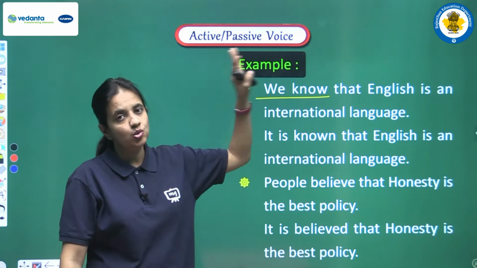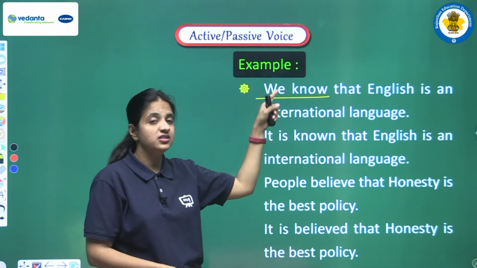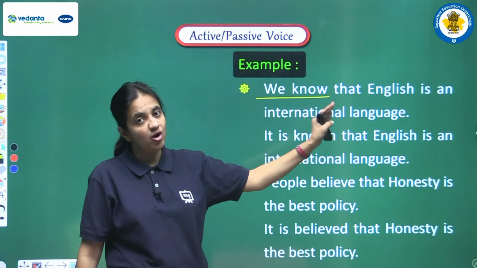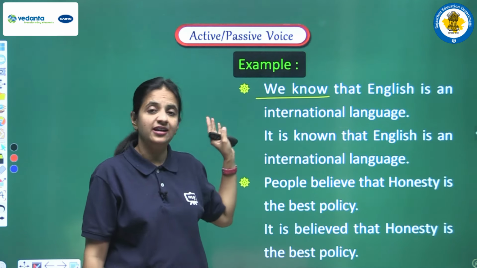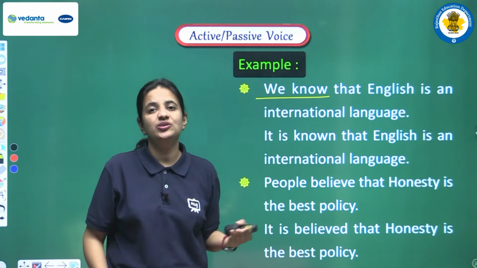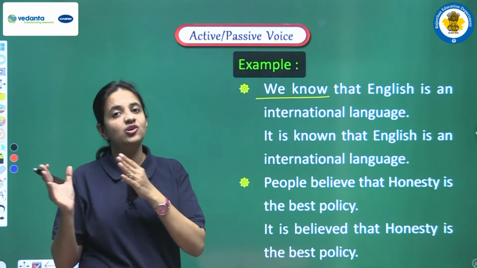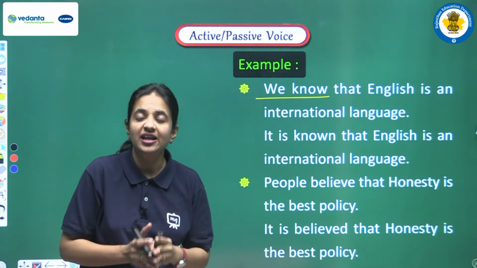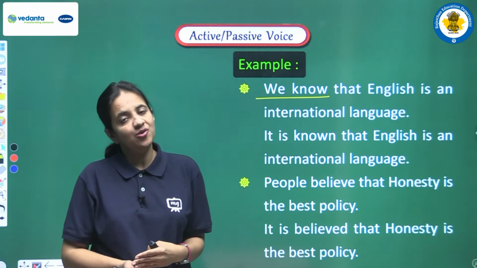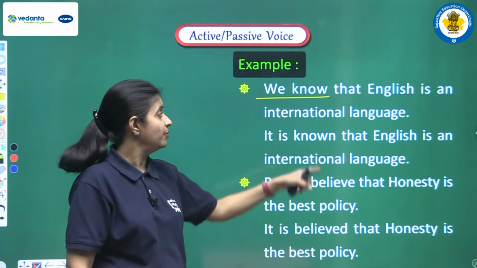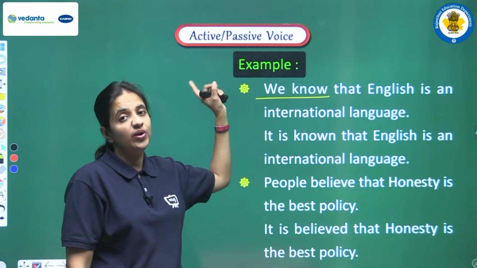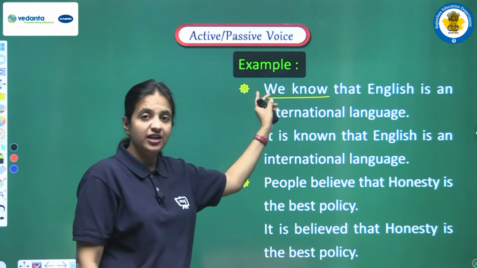So the main clause is we know, and the subordinate clause is English is an international language. According to the rule we have seen earlier, when we have two clauses, only the main clause we have to convert into passive voice. So main clause is we know, so we have to convert this much only in the passive voice.